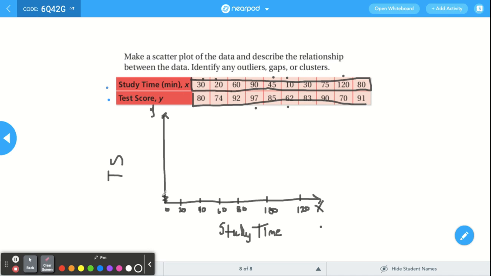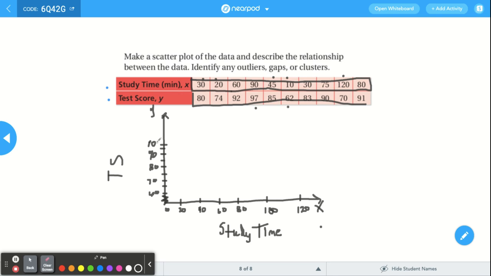I got to make this little squiggly line right there to let you know I'm going to start at 60 is my first line. 65, 70, 75, 80, 85, 90, 95, 100.